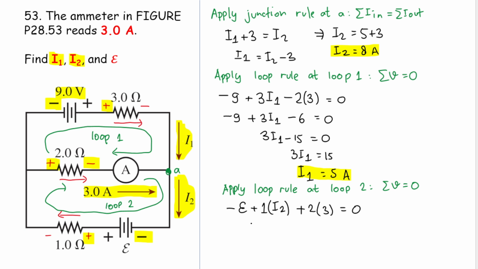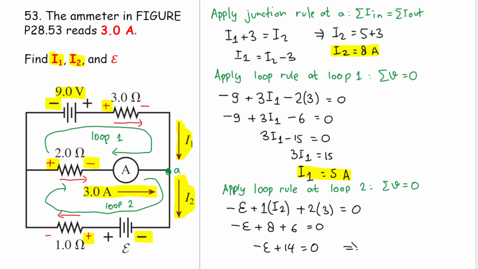Now, we have I2 here is 8 amperes. Let's plug that in. So I have minus E plus 1 times 8 is 8, and then plus 2 multiplied by 3 is 6, and all of that will equal 0. Then I will have minus E plus 14 is equal to 0.